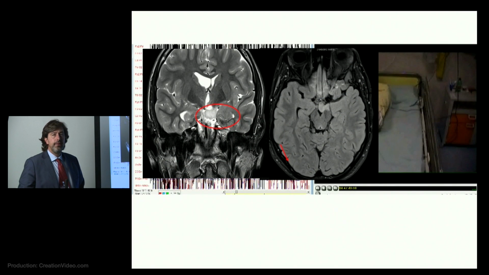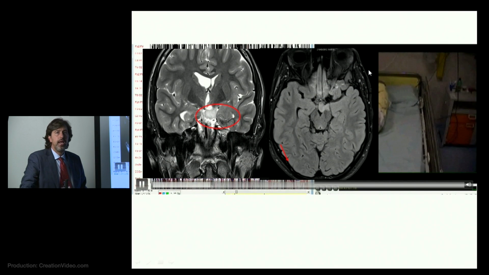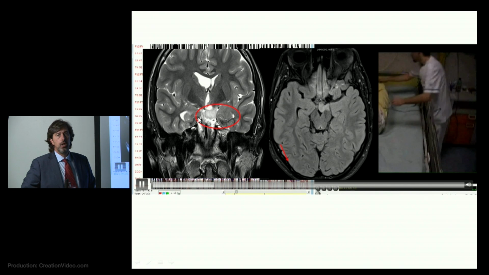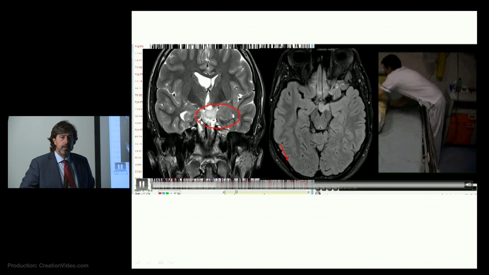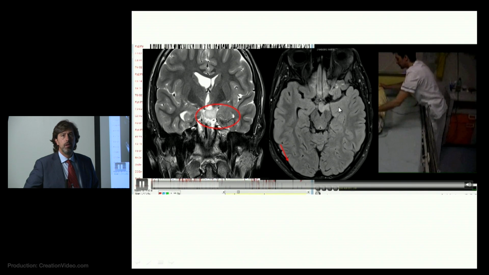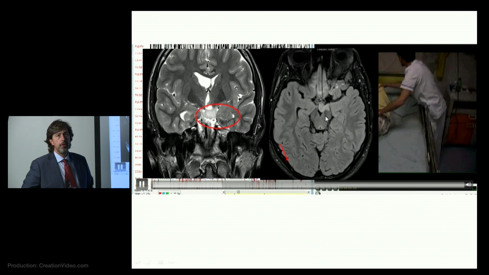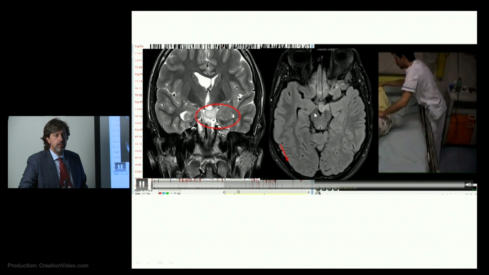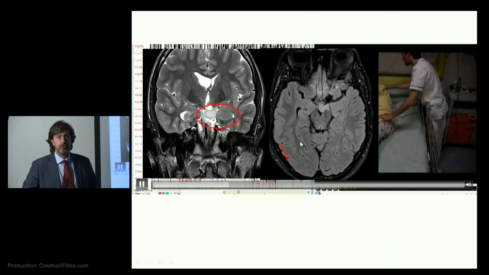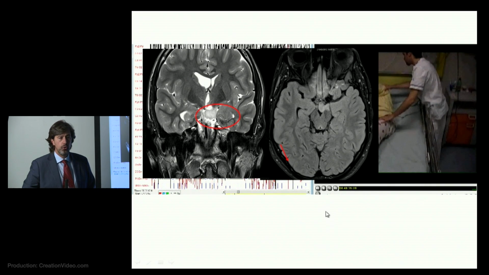What is happening in this boy is that he has a hypothalamic hamartoma over here, but together with the hamartoma he has such a thickening of the cortex here. He was operated at first with a disconnection, but with the disconnection he had a mild reduction of gelastic seizures, but not at all on the other types of seizure.